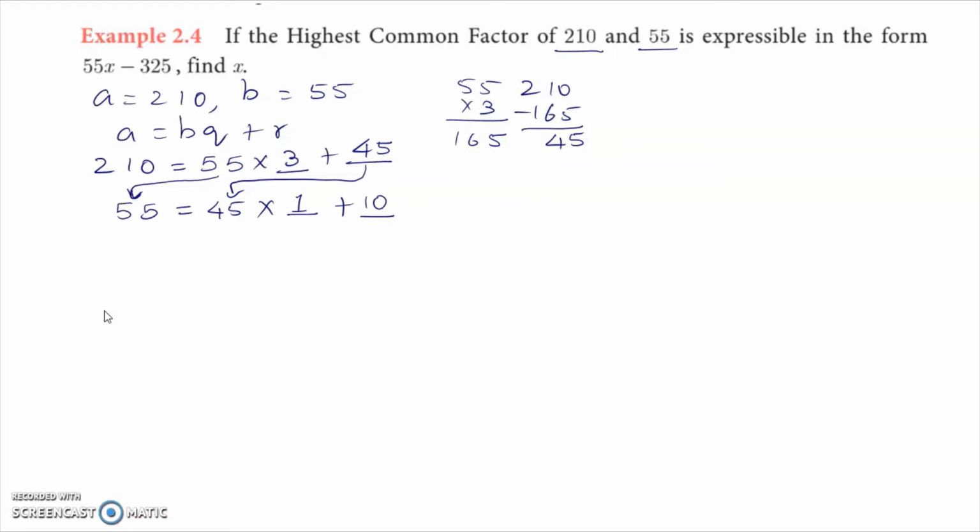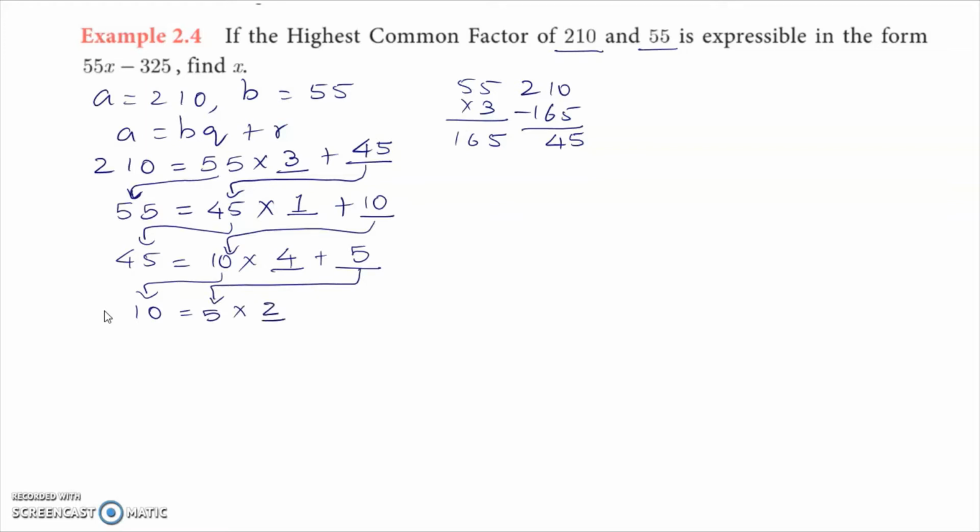So let's repeat again. 45 is equal to 10 times, dash plus dash. So our quotient will be now 4. 4 tens are 40, and the remainder will be 5. So let's proceed to do it again. 10 is equal to 5 times 2, and our remainder will be 0 here.